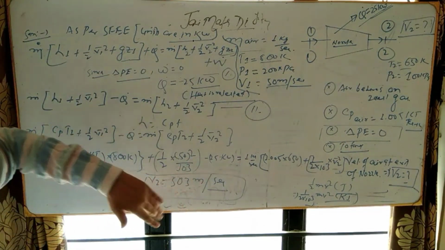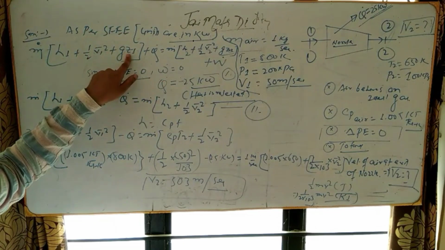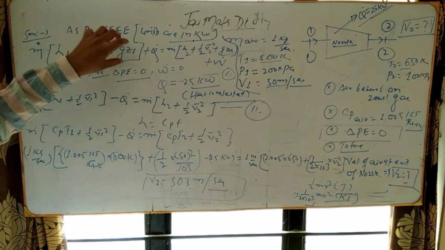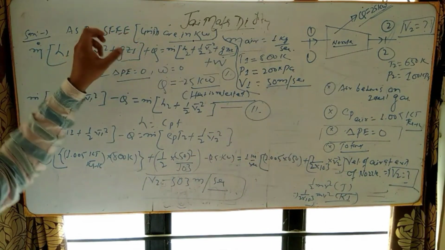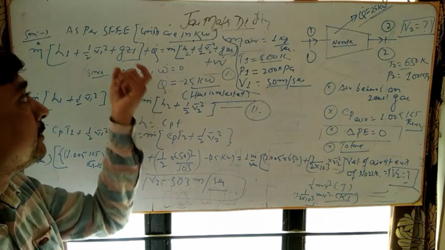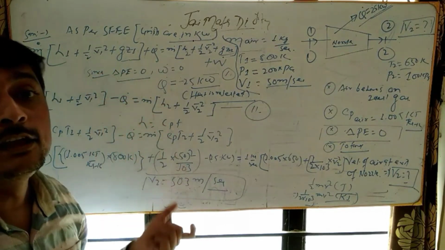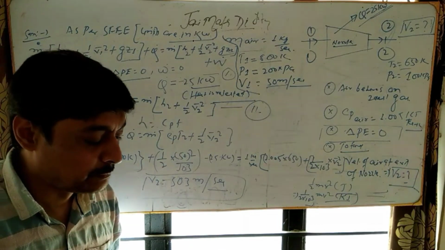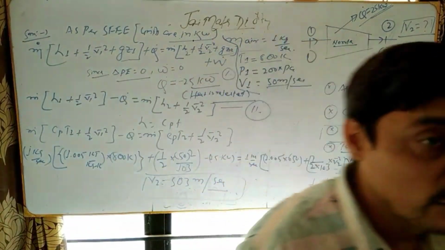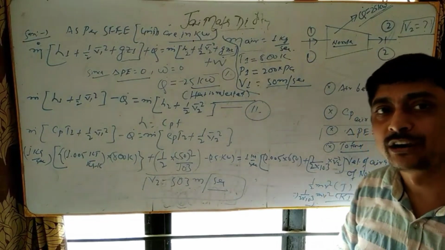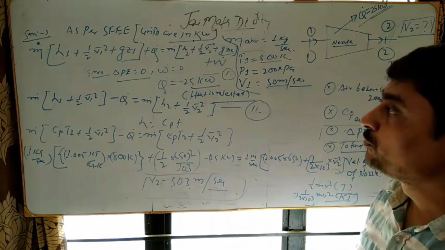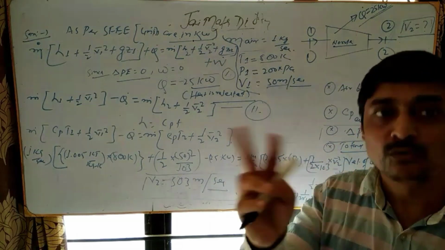The same thing applies for potential energy also, because this g z1 has unit joule per kg. Whenever this term is considered in further numericals, don't forget to divide it by 1000 so that it is converted into kilojoule per kg, right? Because we have only three equations: in one the unit of the whole quantity is kilojoule, next is kilojoule per kg, and third is kilowatt. Everywhere kilo is there.